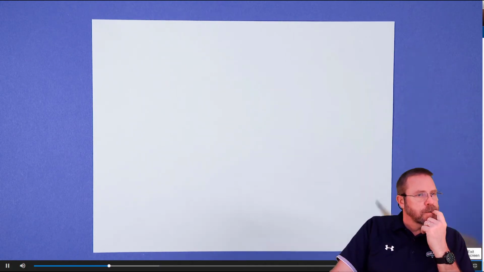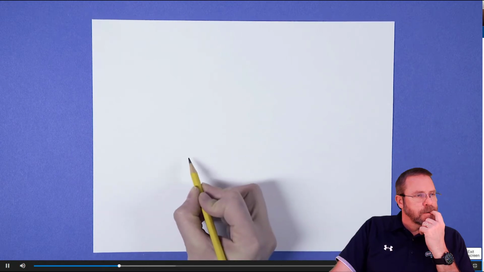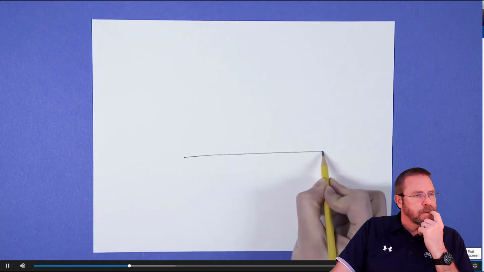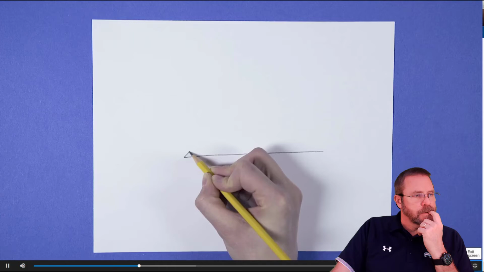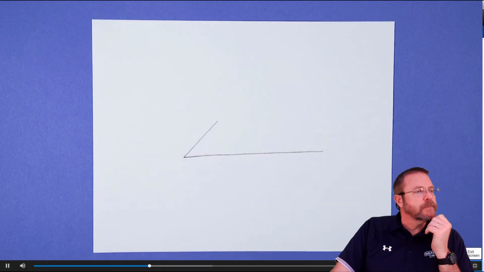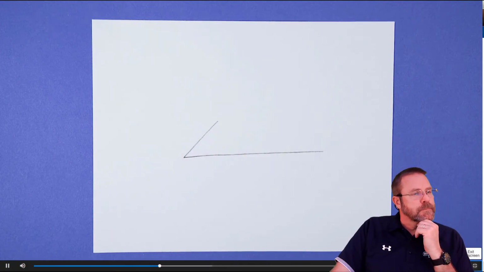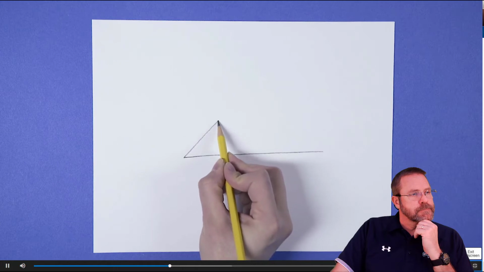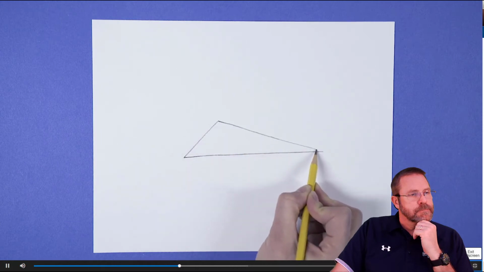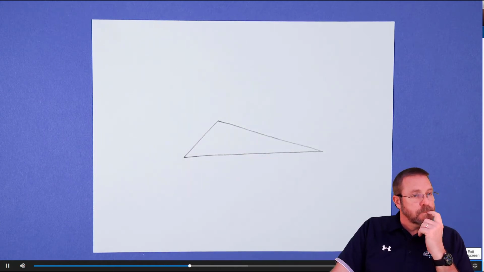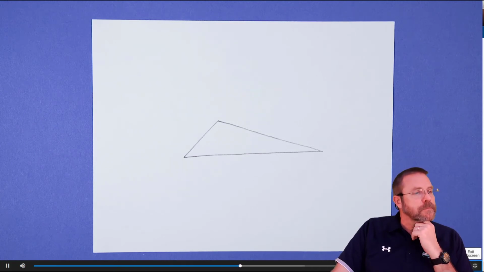First, draw two sides of different lengths to form the first angle of the triangle. Then, connect the two segments to form a triangle, making sure the third side does not appear to be the same length as either of the other two sides. This is a scalene triangle. Because one of the angles is an obtuse angle, it is an obtuse scalene triangle.